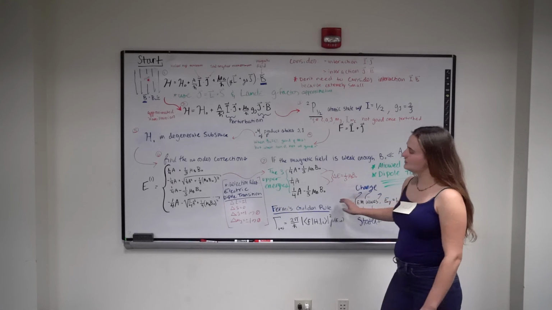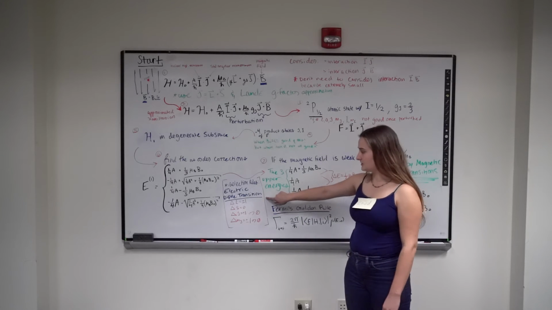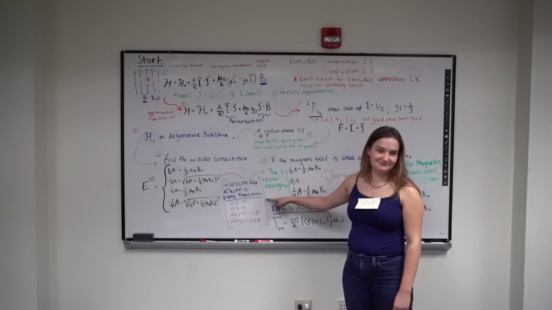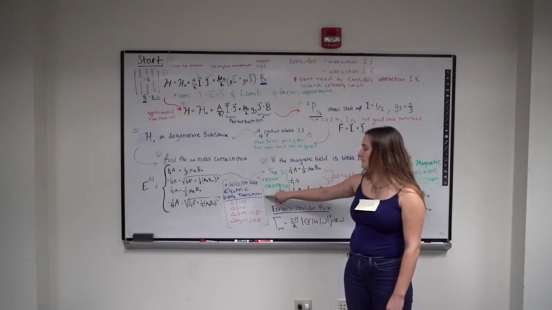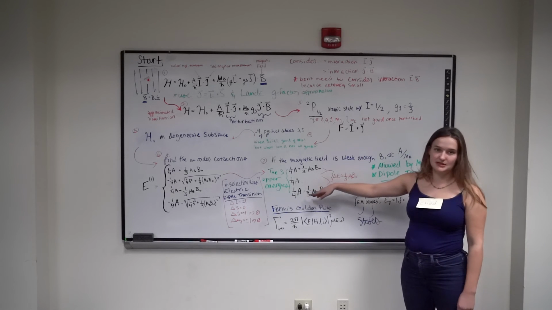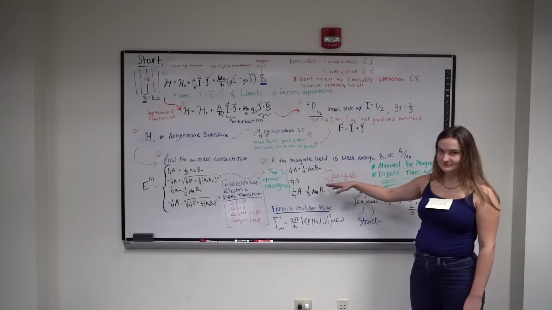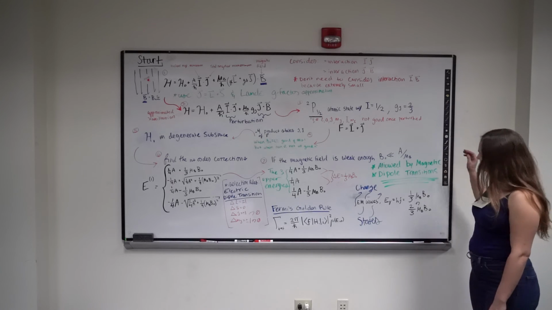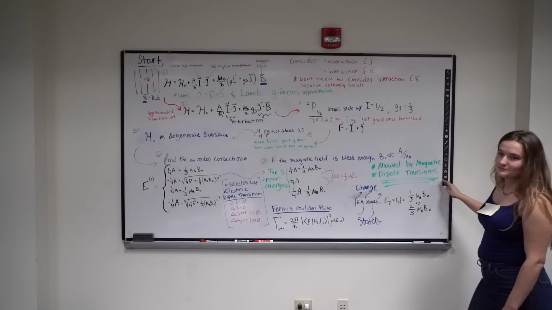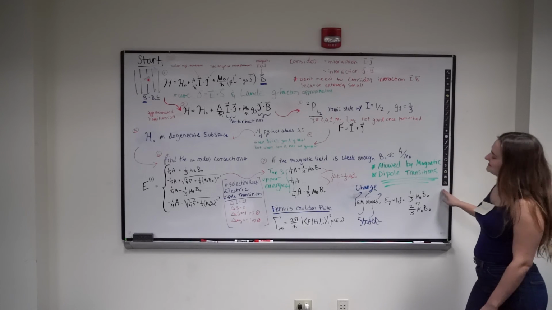These transitions are not allowed by the electric dipole transitions because they don't follow the selection rules. And the electric dipole transitions are the most probable ones, which means that these are not probable energy transitions. However, it is allowed by the magnetic dipole transitions, which are far less probable but do allow it to happen. So even though it is a small chance, it is a chance.